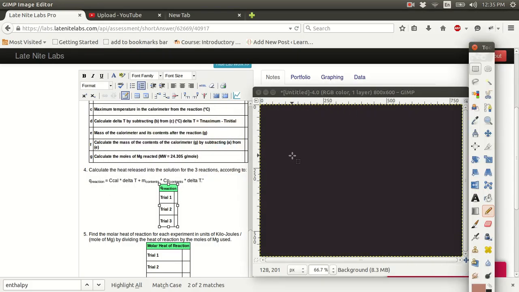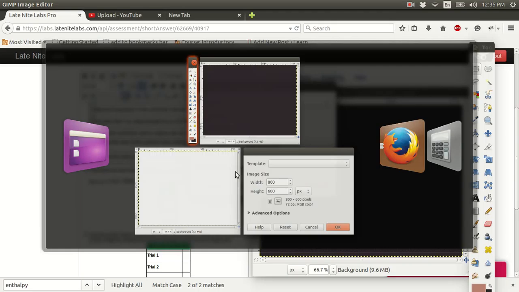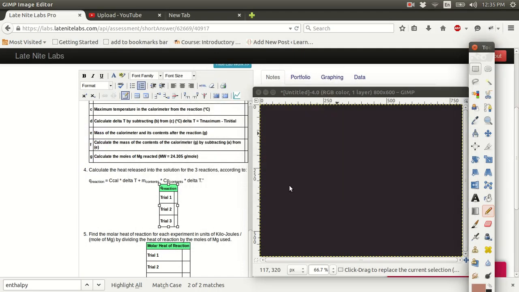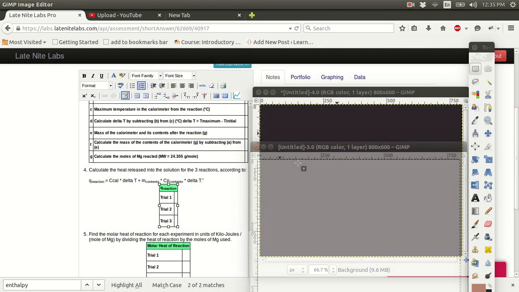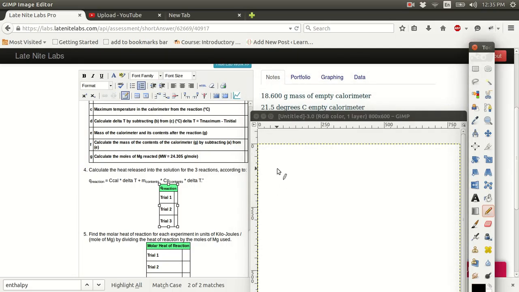Okay. Now remember that the Q of the reaction is equal to the Q of the water, except for the sign, because in the reaction heat is lost and the water heat is gained.